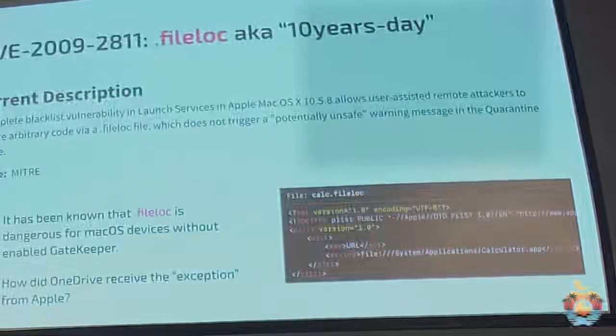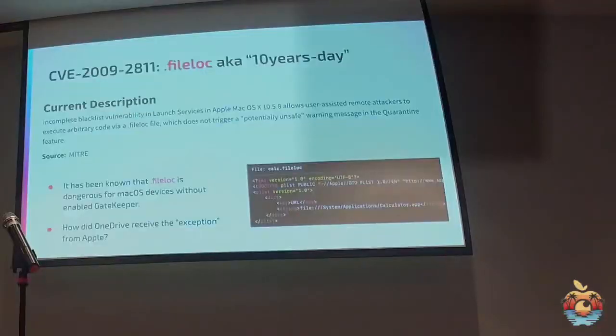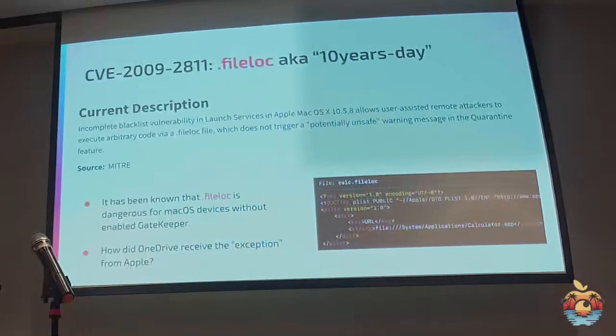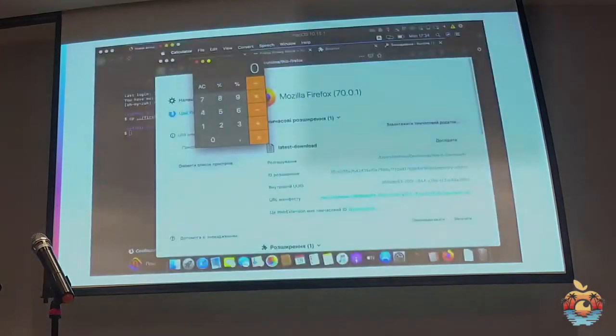The question is, at one point in time there was a working fileloc file, and from another side, the head of macOS security in Apple decided to give an exception to OneDrive. That raises questions.